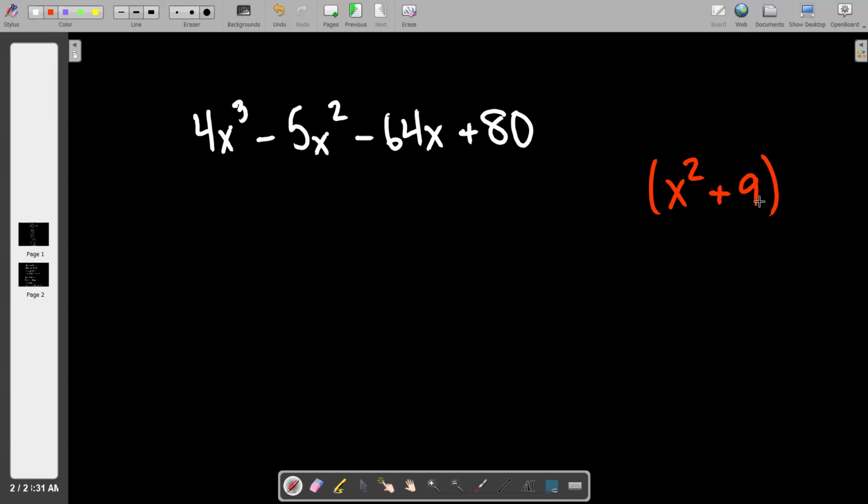Therefore, if you are faced with a factor that looks like this, it is done. We could go further if it said x squared minus 9, but a sum of squares is dead. So you should have stopped right there. Got it? Sums of squares cannot be factored using real numbers.